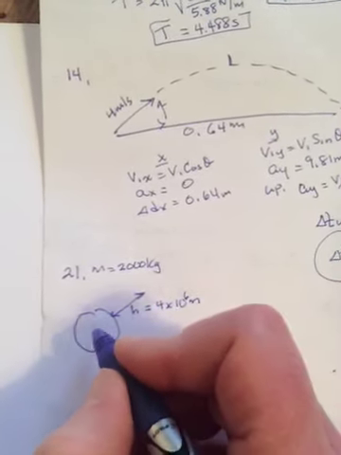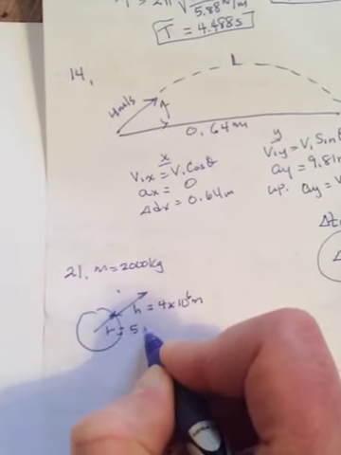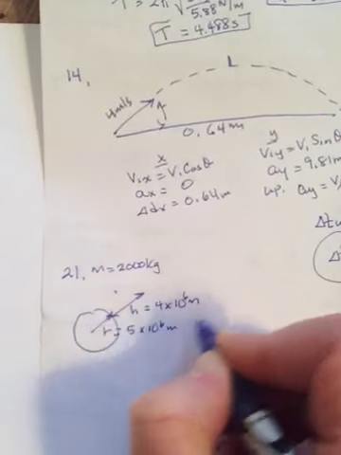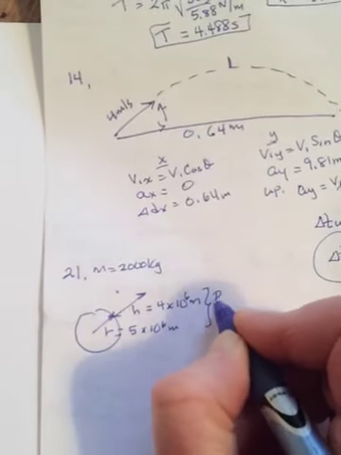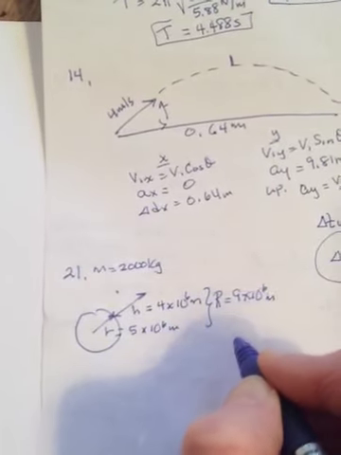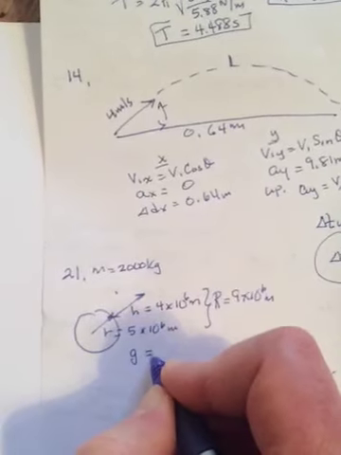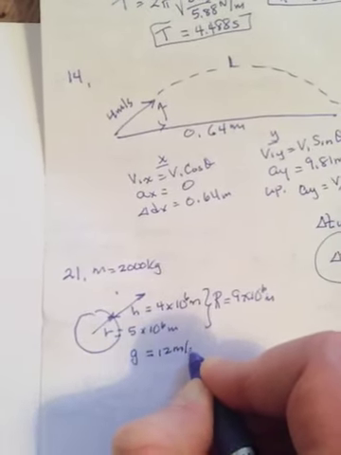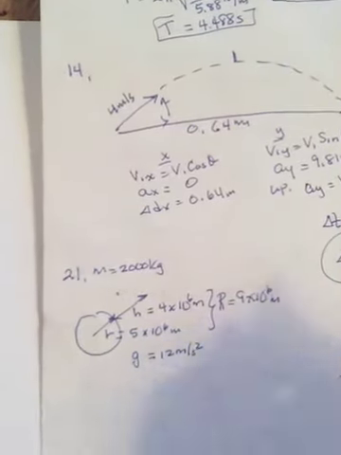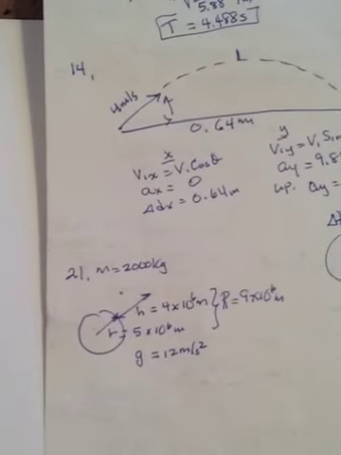The radius of the planet is 5, so the little r is 5 times 10 to the 6 meters. So the radius of orbit is going to be 9 times 10 to the 6 meters. The gravitational field strength, little g, is 12 meters per second squared. Calculate the mass of the planet, the time for the satellite to orbit once.